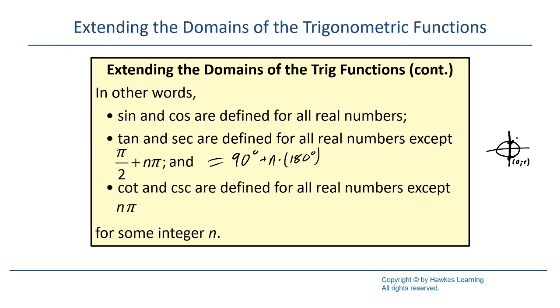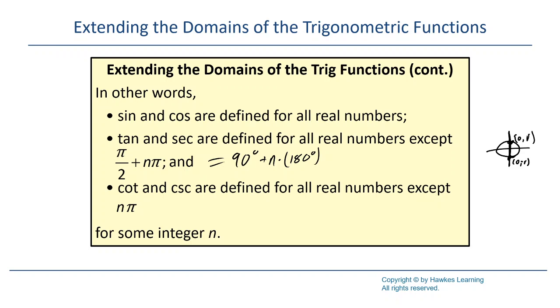And then here you're at 0 and positive whatever the radius is. So anytime you're at 90 degrees or 270 degrees, or equivalently pi over 2, 3 pi over 2, that doesn't work. And then because you can keep rotating around the circle, you could technically go 360 and then another 90 and so on and so forth.